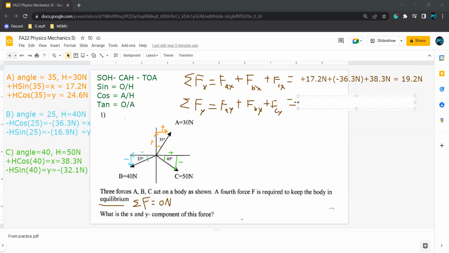And then we're going to do the same thing for the y. The y component of A is 24.6 newtons. I don't need to write positive, we know it's positive. The y component of B is negative 16.9 newtons. And then the y component of C is negative 32.1 newtons.